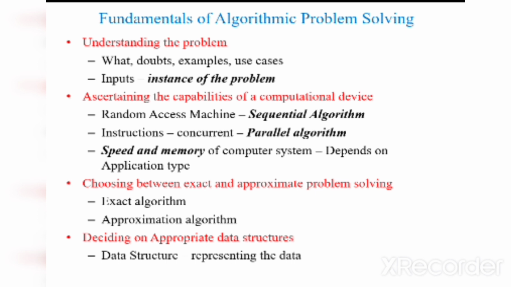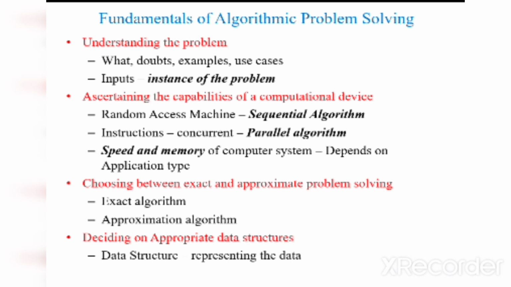So we have computational device which can perform operations in a sequential manner and parallel manner. Sequential means we have to execute an instruction after an instruction. For example, if we have 10 lines of code, the first line will be executed first, and after the completion of the first line, then we have to perform the second instruction in sequential algorithm.